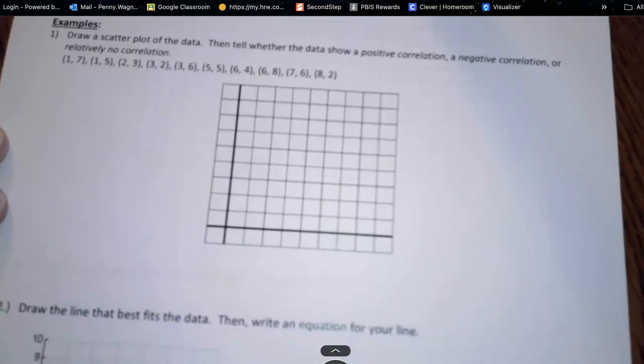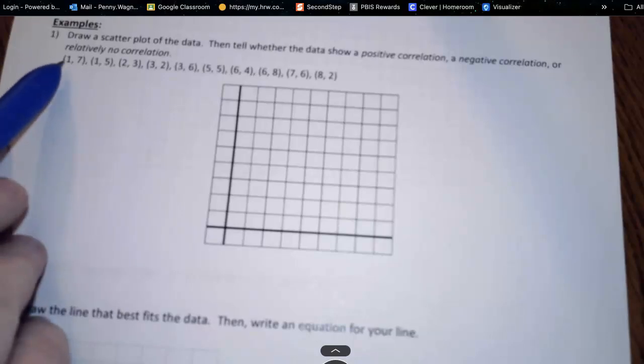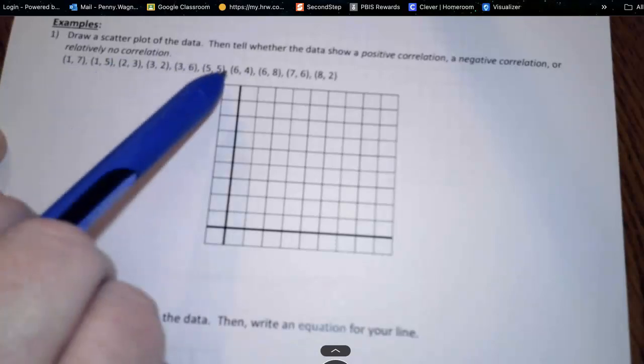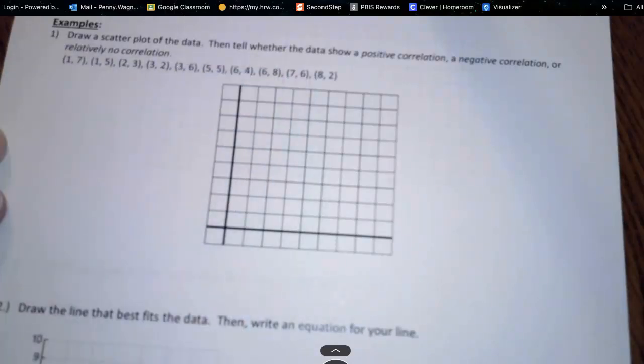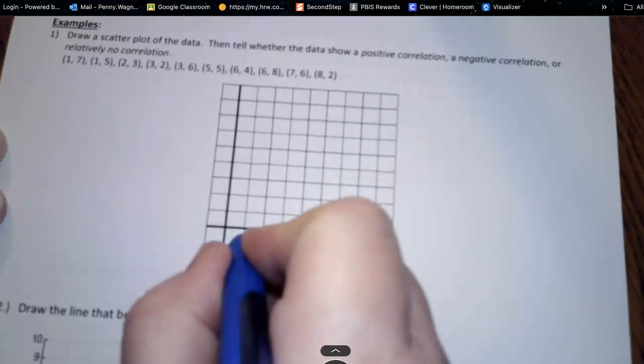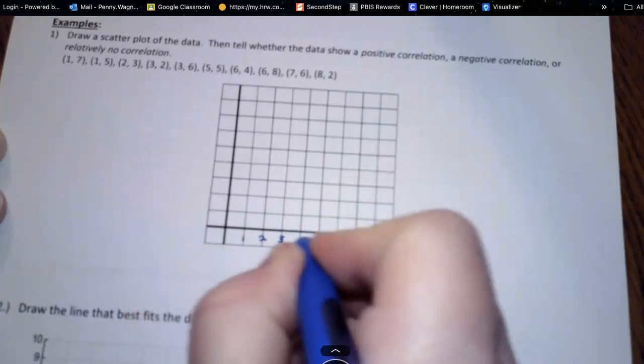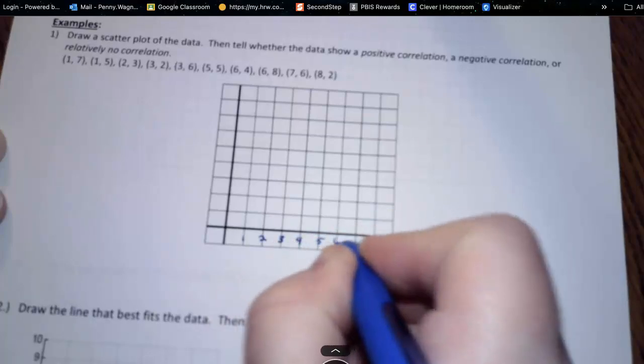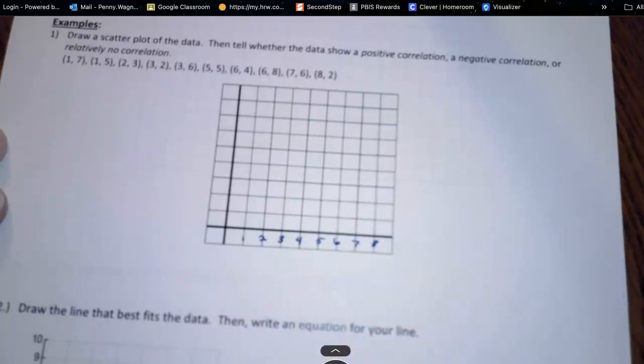So if I take a look up here, I see that my smallest number is 1 on the x-axis, and the largest would be 8. So I need to go 1 through 8 for the x. So 1, 2, 3, and then for my y's, looks like 8 is also my largest number on my y's.